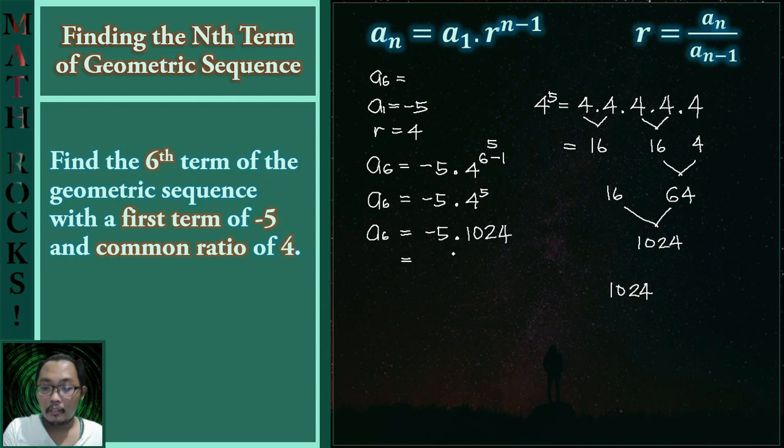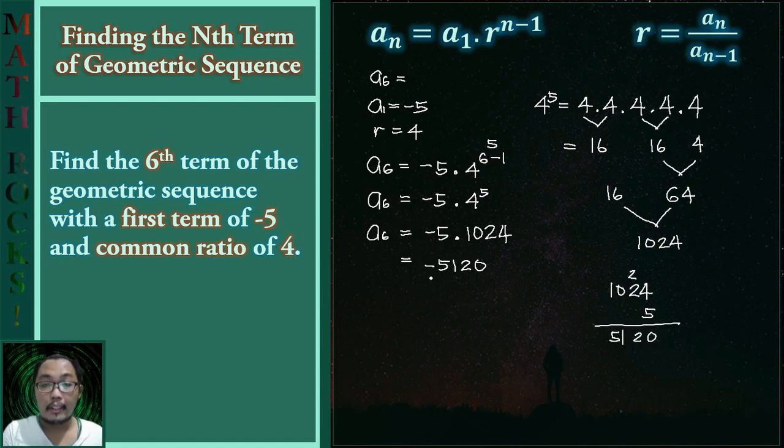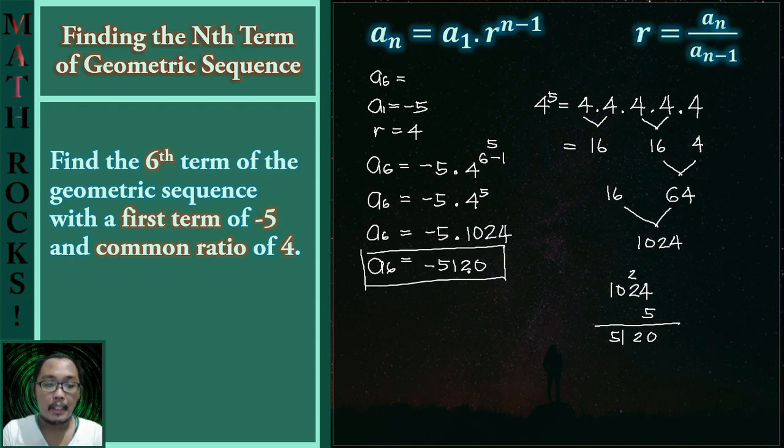Since we are multiplying a negative value to a positive value, that would give us negative 5,120. Now let me check by having a scratch mark here. Okay, so we got the correct answer of negative 5,120. And that would be our sixth term of the geometric sequence.